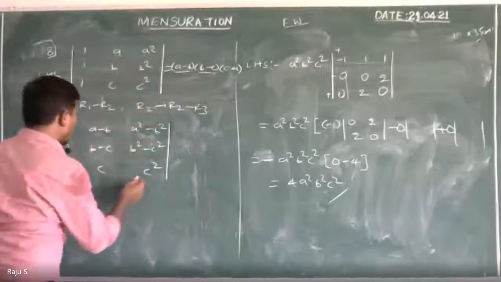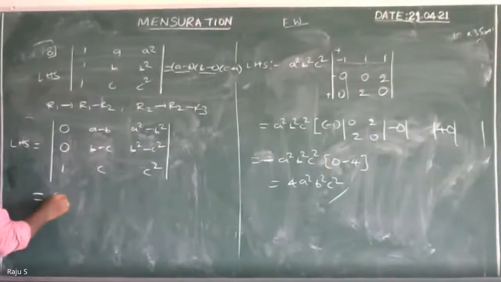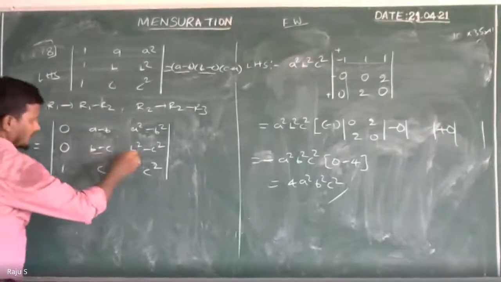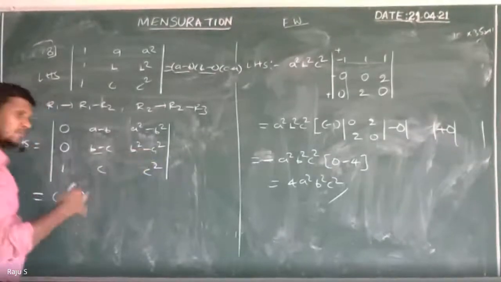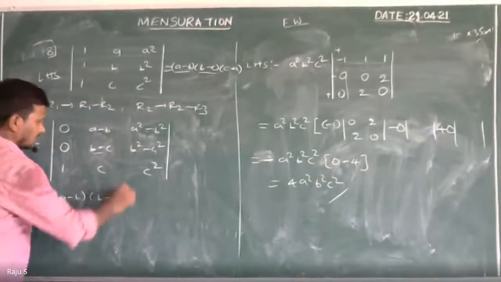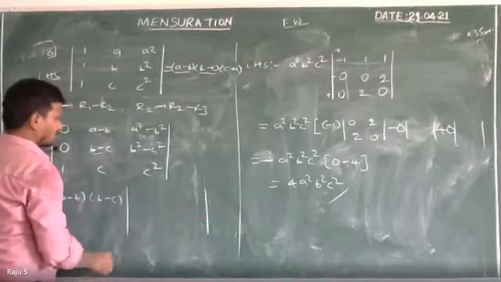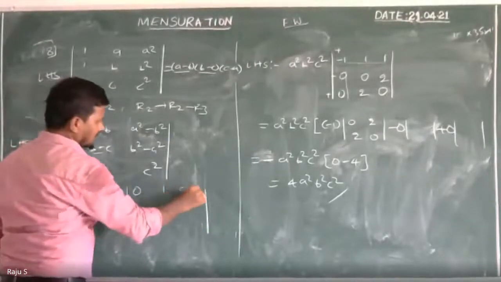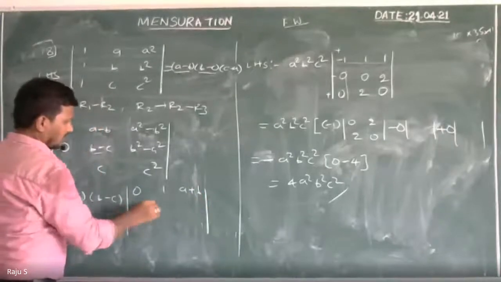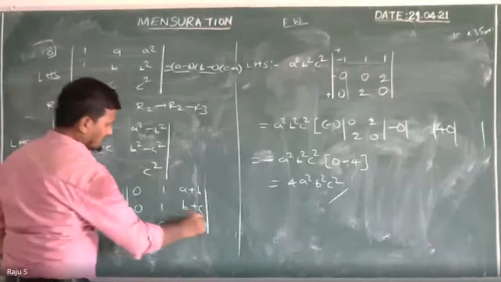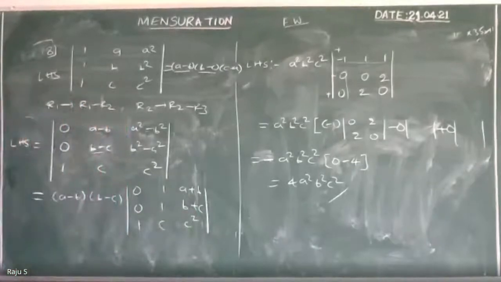So take A minus B common. In the second row, is there anything common? Yes. B square minus C square can be written as B minus C into B plus C. Then B minus C is common. Then the first row and second row become 0, 1, A plus B; 0, 1, B plus C; 1, C, C square.